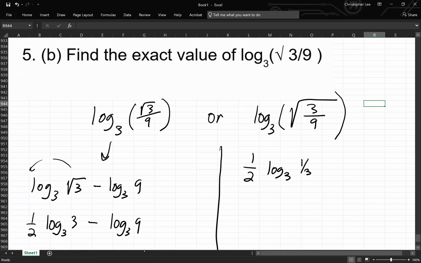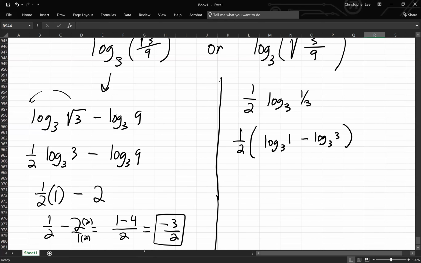We can go a step further, right? We could say 1/2 times log base 3 of 1 minus log base 3 of 3, right? Going through the math, anything raised to the 0 power is 1.